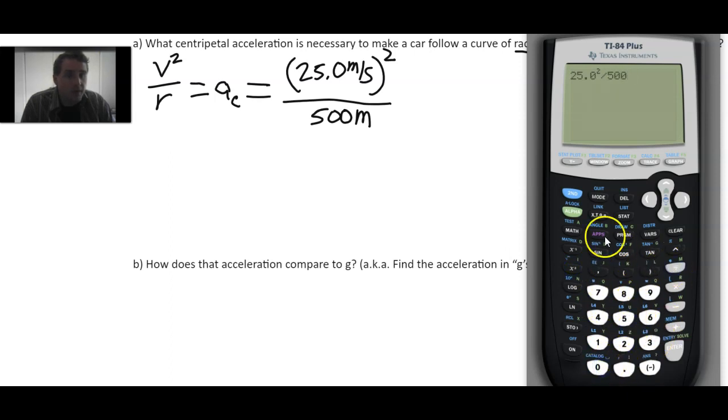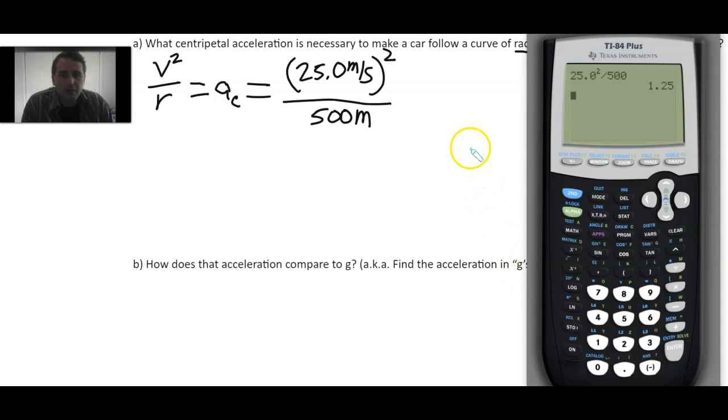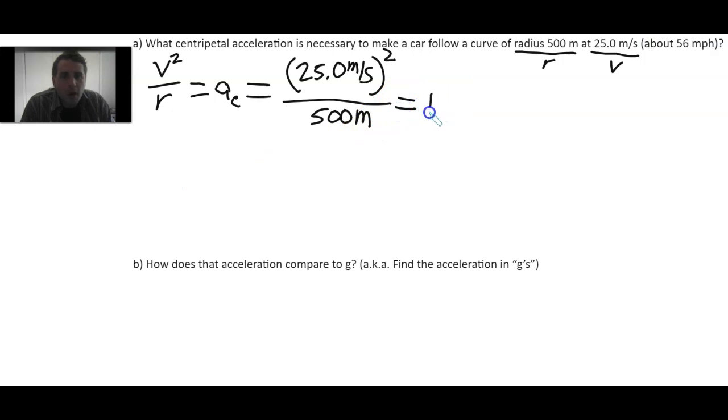Now that should work just fine because the squared by order of operations happens before the division. So let's write this down. This is exactly equal to 1.25 meters per second squared.